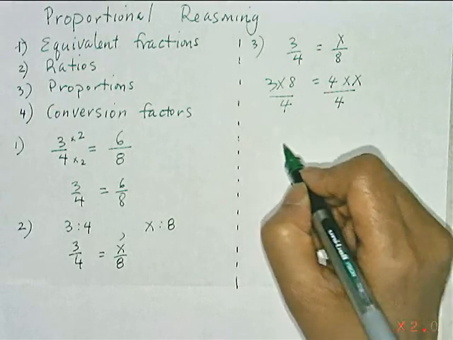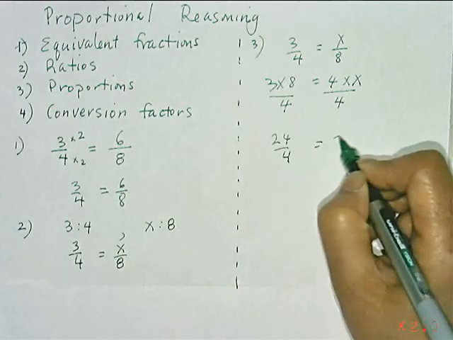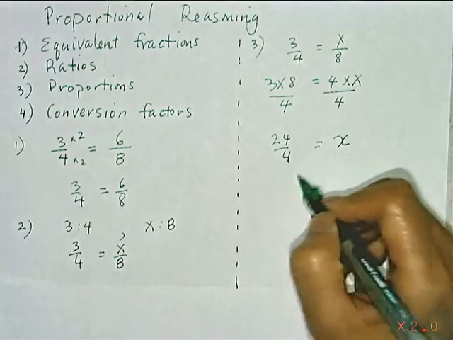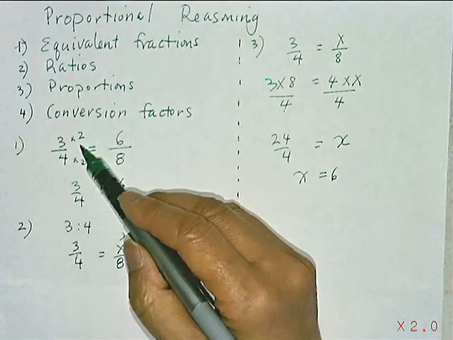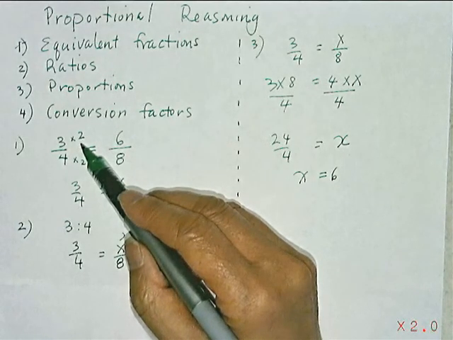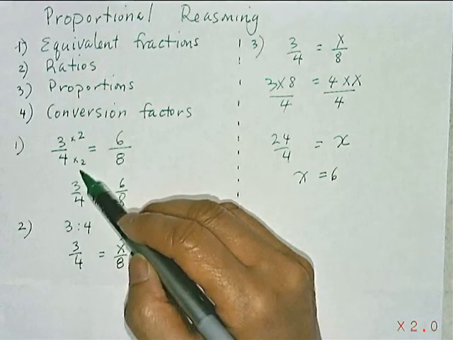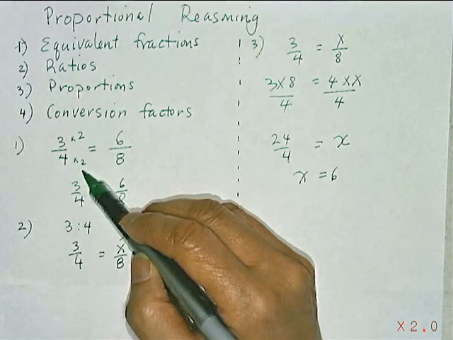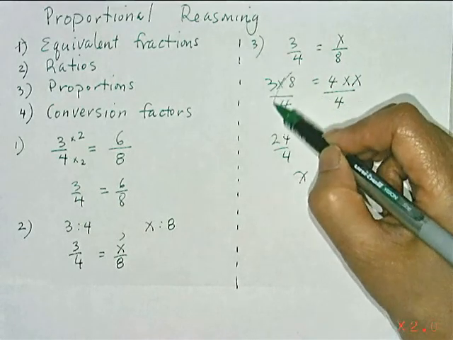You would get 24 divided by 4 is equal to x, or x equals 6. Notice that converting these fractions to equivalent fractions, we multiplied in this first example 3/4 by 2 over 2 to get 6 over 8. Notice where that 2 comes from. It is 8 divided by 4.